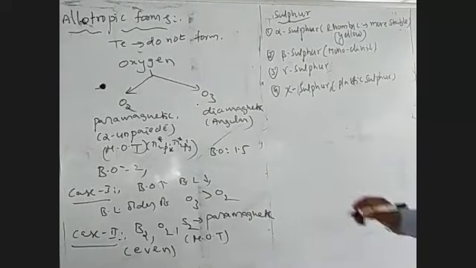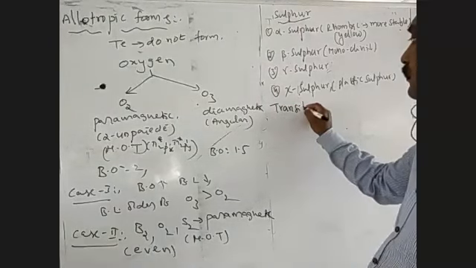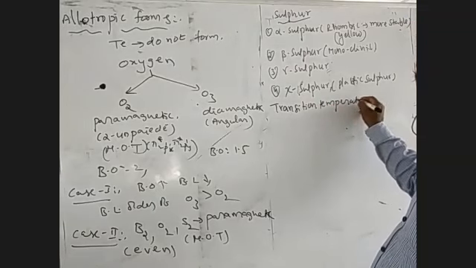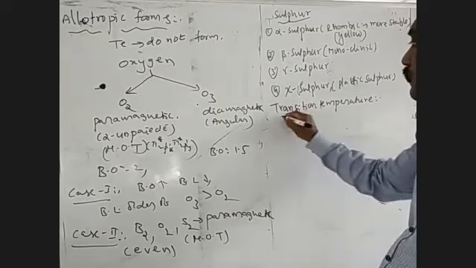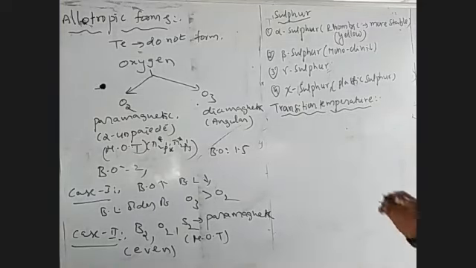In this, first we discuss the transition temperature. Transition temperature means the temperature at which the two allotropic forms are present at equilibrium.